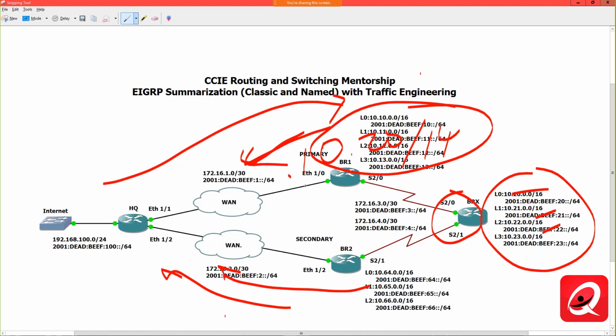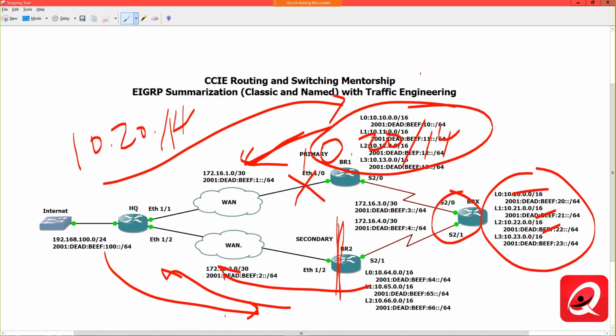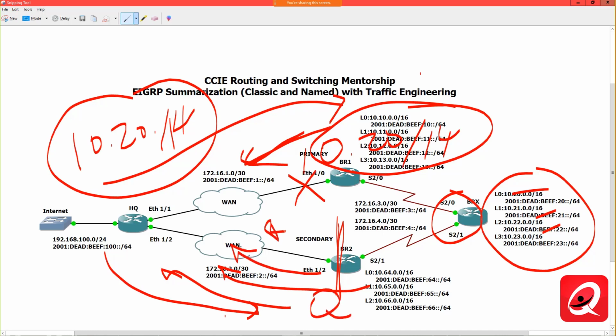Now, if this link were to go down, then obviously this router is going to lose its route to 10.20/14, which means that it would send a query if the other path was not a feasible successor for that same destination. It would send a query to that router. Now, this router is not summarizing, so because it doesn't have the 10.20 whatever/14, the query is going to stop at that router, and I'm going to send the reply back.